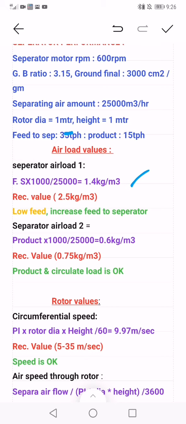So in this we got 1.4 kg per meter cube.